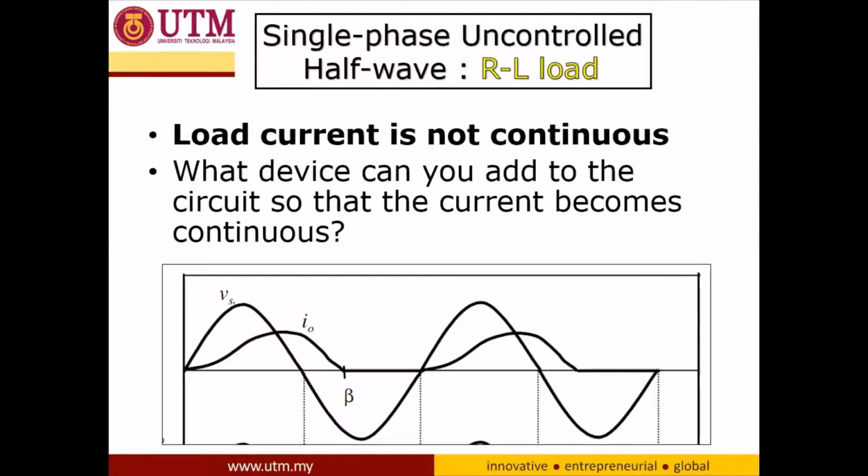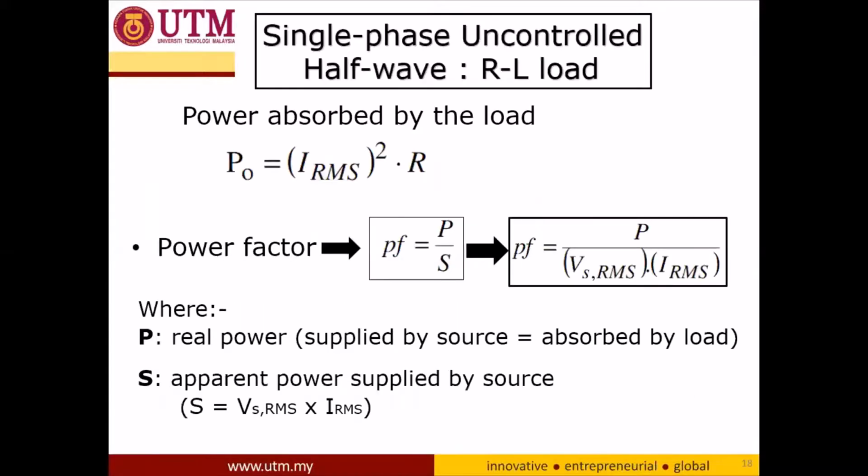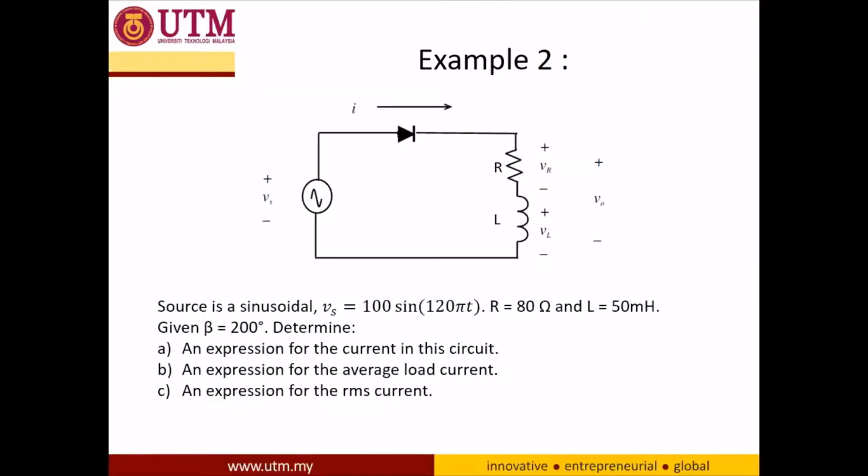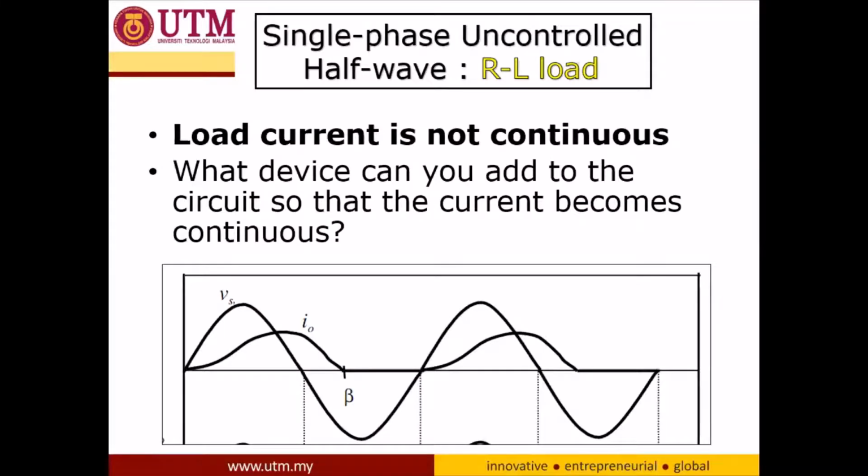Okay, so from the previous slide, we can see that the current is discontinuous. Some applications require the current to be continuous, and when you have a continuous current, the average value of the current is actually very high compared to a discontinuous current.